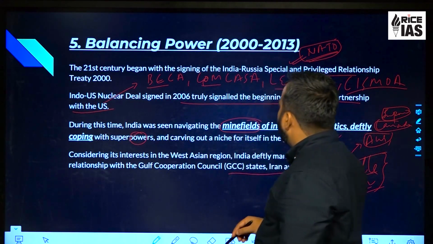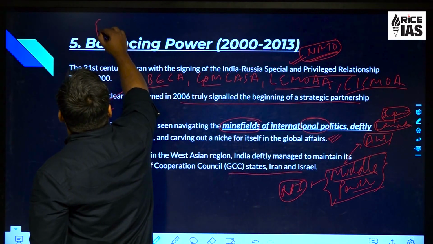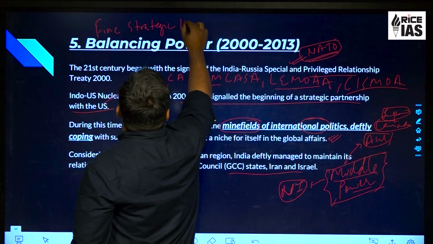GCC states, Iran and Israel. Fine strategic balancing has been the key.